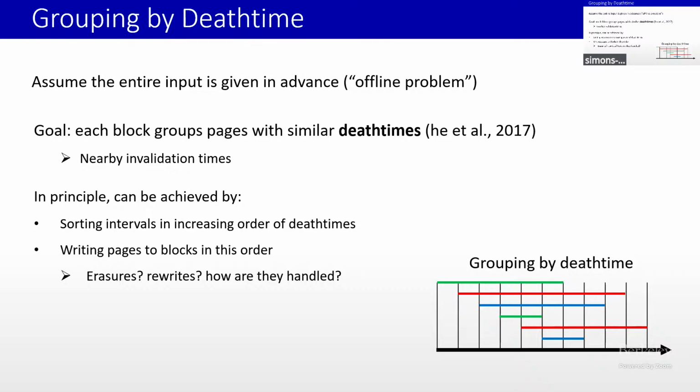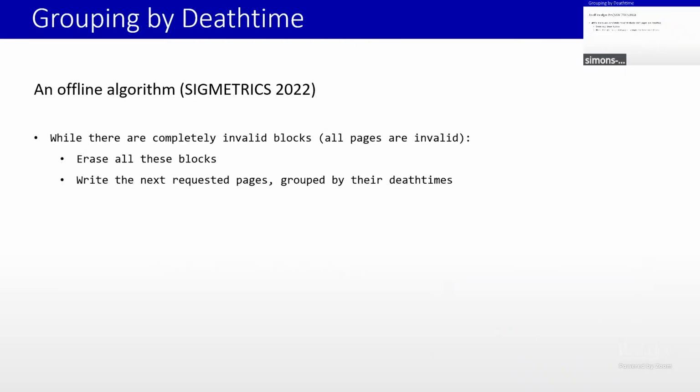If I have one interval which is contained in another, and they're in the same block, it's going to be a problem in terms of the whole block expiring, and I really don't know offline how to solve this problem. So let's see what we can still do.